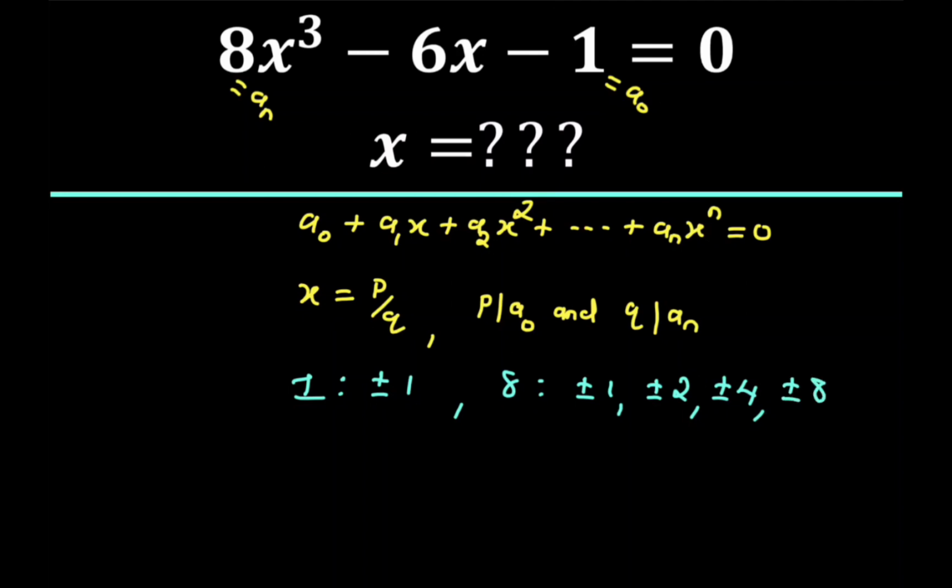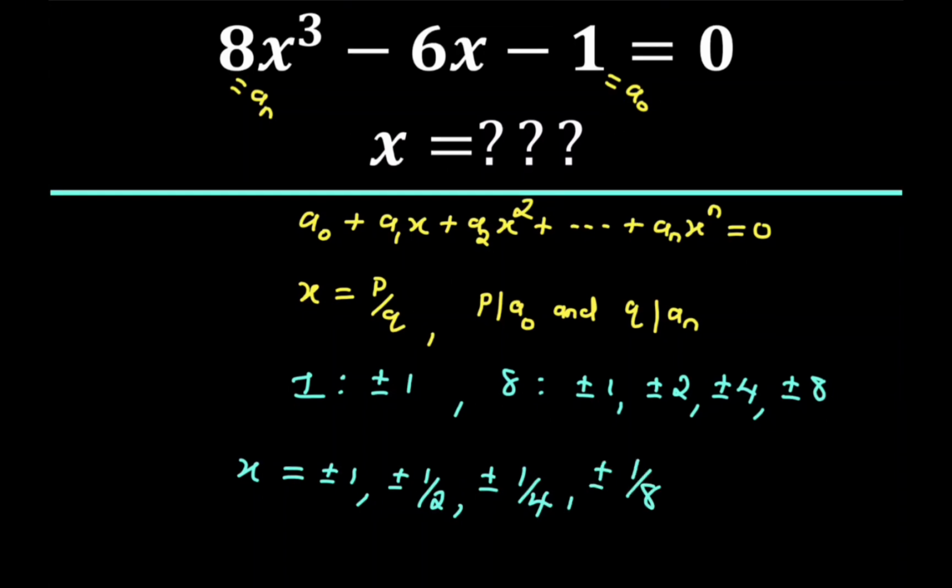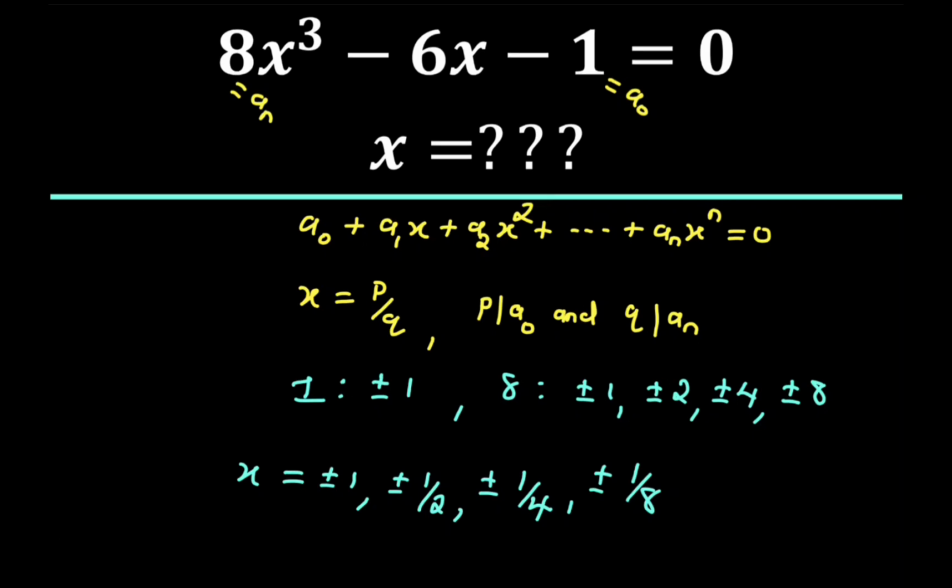And so if this polynomial is to have a rational root, it should be plus or minus 1, plus or minus 1/2, plus or minus 1/4, or plus or minus 1/8. But we can verify that none of these numbers is a root of this polynomial equation. And so this polynomial is irreducible in the set of rational numbers. Therefore, we need to think of other methods.